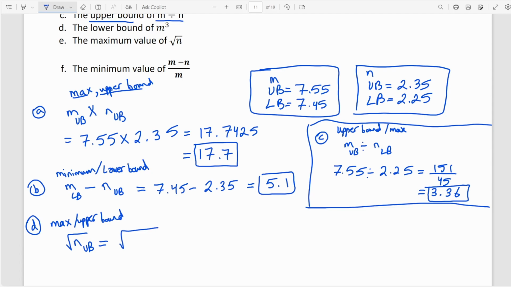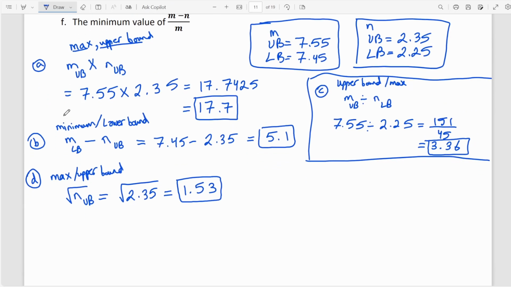So the square root of the upper bound of n, which is 2.35, is the square root of 2.35, and we would get 1.53. This is rounded to three significant figures. Now let's move on to part F. I scrolled way down. Okay, part F.